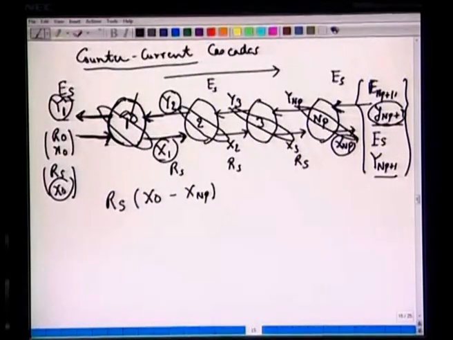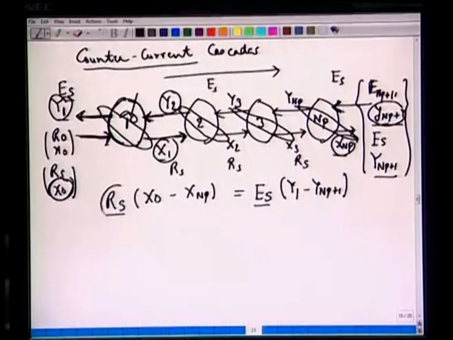So, we have brought down the concentration mole fractions from x0 to xNP, which is the same as the species balance ES times y1, the leaving stream, minus yNP plus 1. So, ES and RS, moles per second or kg per second, are the same. They will remain the same from stage 1 to stage NP, because it is a solid free basis.